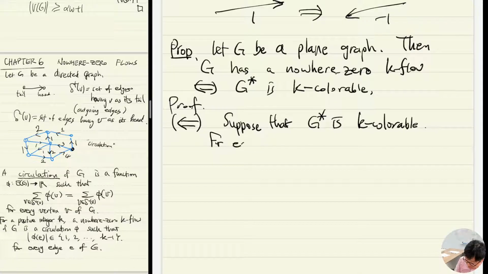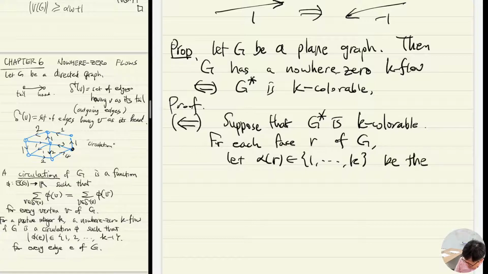So for each face R of G, let alpha R be the color of the vertex of the dual in R. We fix the K coloring, so every face has a color.